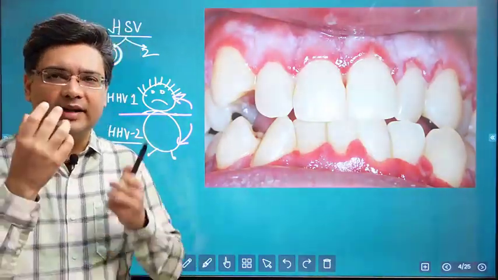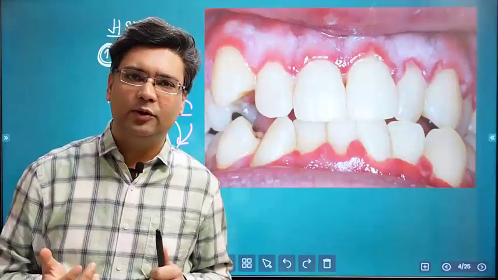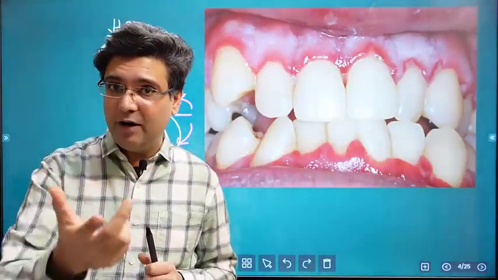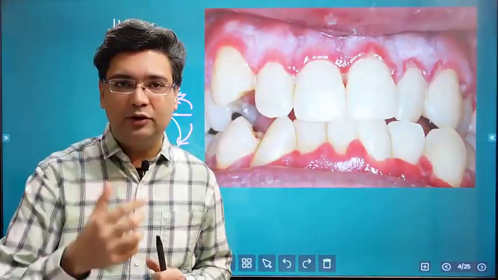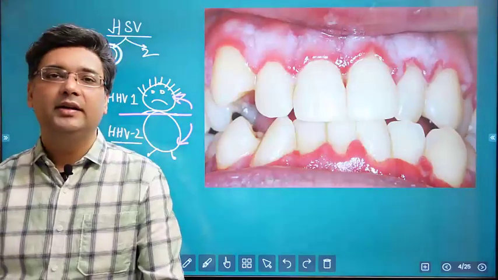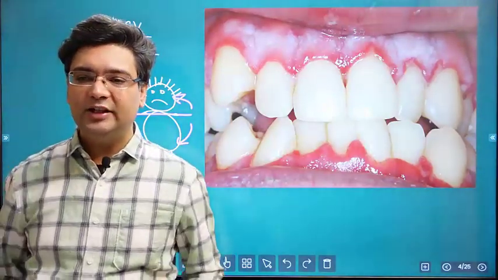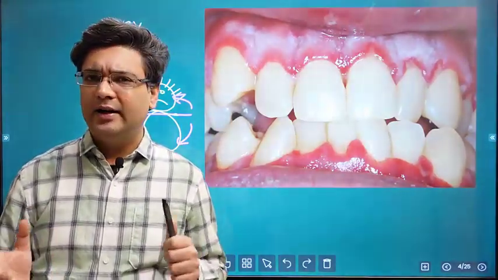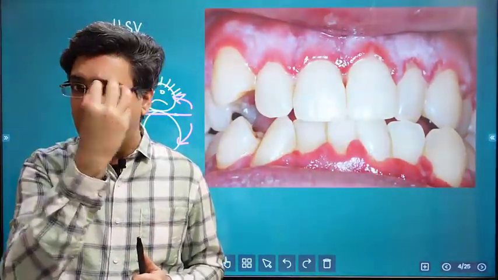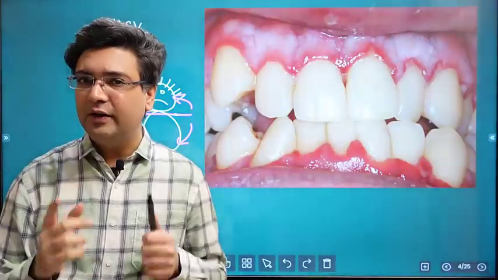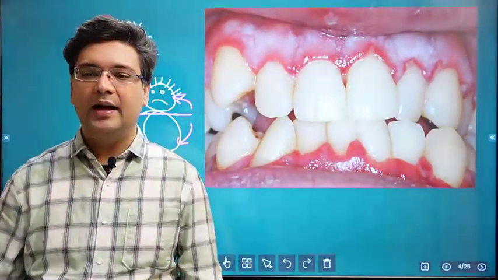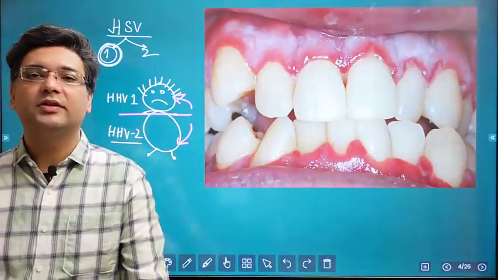Somebody, let's say for example, has this herpes inside the oral cavity and is speaking, some droplets will come out, and those droplets can be thrown onto the other person, and the other person can get affected as well. So this generally adapts to the oral regions, the facial regions and the eye as well. HHV1 adapts closely to the oral, the facial and the ocular area, which is the eye region.